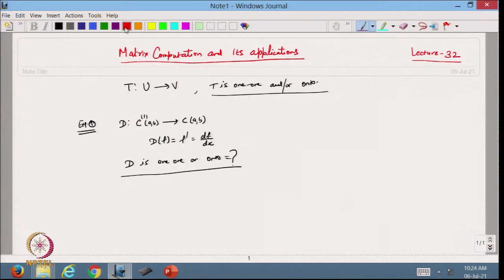So first let us check onto. For onto we know that for any continuous function f belonging to the set of continuous functions C A B, we are able to take its antiderivative.